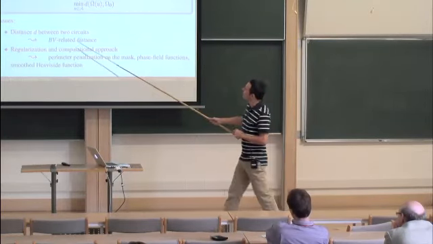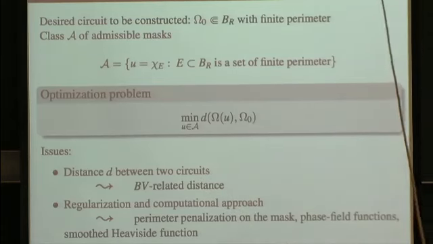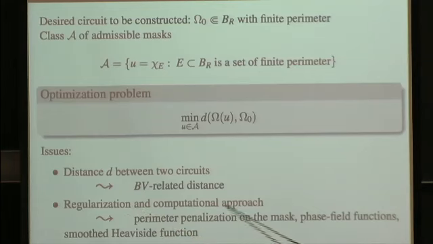So what is going to be the distance between two circuits? And we chose a BV related distance, which might be useful also for matching and evaluating the distance between shapes in our inverse problems. And then we developed a regularization and computational approach, and here is where the free discontinuity method comes in.